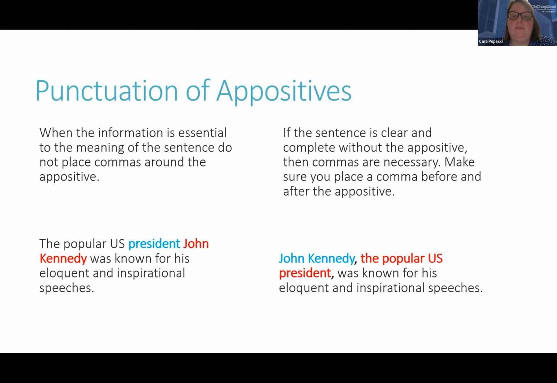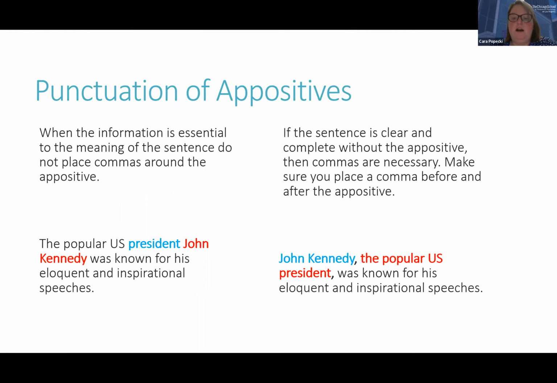Make sure you place a comma before and after the appositive. So: John Kennedy, comma, the popular US president, comma, was known for his eloquent and inspirational speeches. In this sentence, saying John Kennedy is enough. We don't actually need to clarify that he's the popular US president because we know who we're talking about.